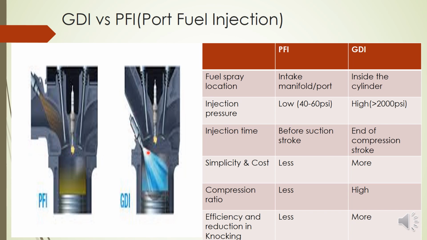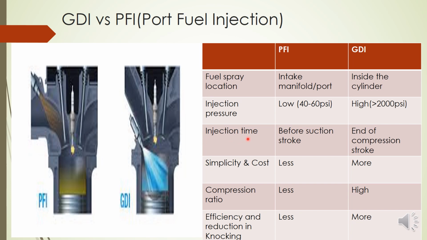But in a GDI engine we don't have any time for mixing of air and fuel. It should be done inside the cylinder immediately, so we have to use a very high pressure. So the pressure of fuel injection in a PFI engine is very less, 40 to 60 pounds per square inch. But in a GDI engine it is greater than 2000 psi. That is an important difference.